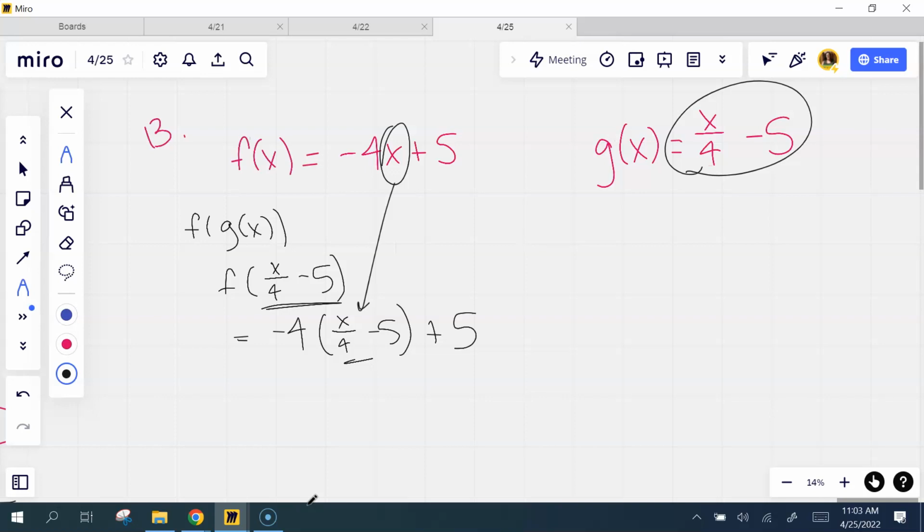Now let's clean it up a little bit and let's see what happens. What is negative 4 times x over 4? Negative 1x, right? So I've got negative 1x.